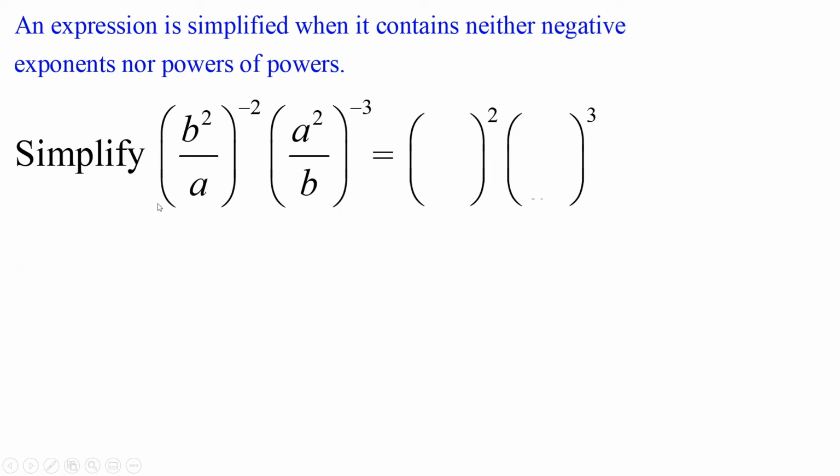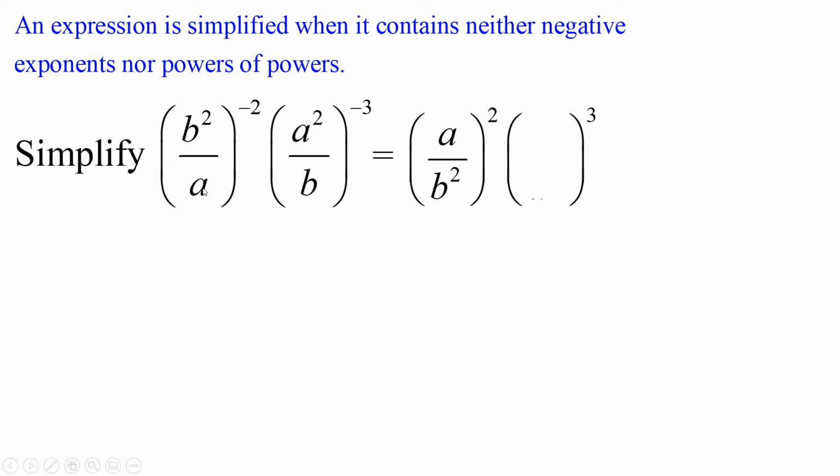Okay, so first off, whenever I see negative exponents and I have a fraction like this, I am going to get rid of my negative exponent immediately. So the negative 2 became positive 2. And then I just need the reciprocal of this fraction right here. So b squared over a becomes a over b squared.